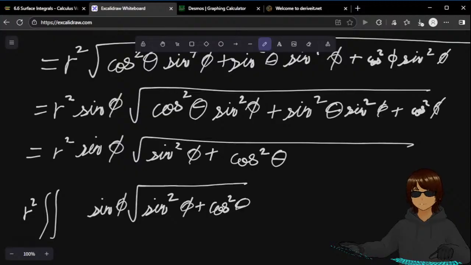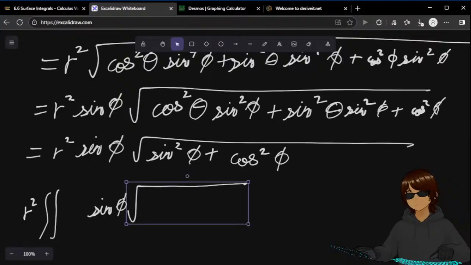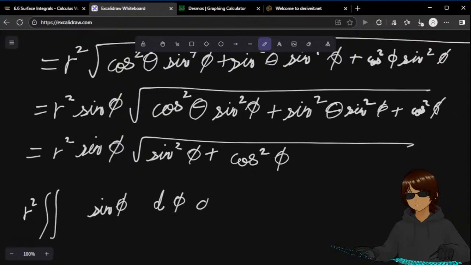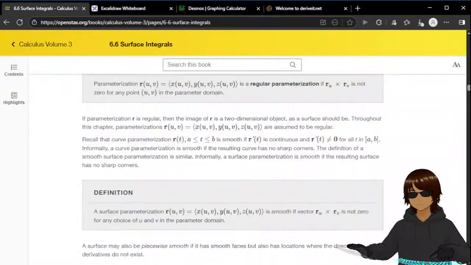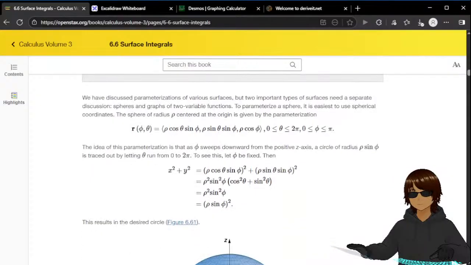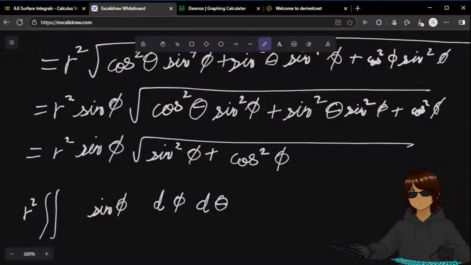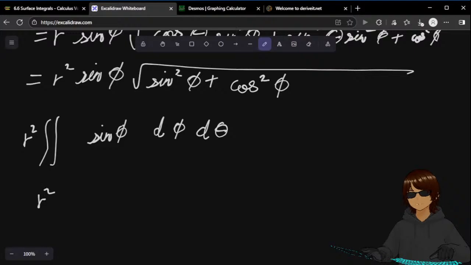So I was on the right track. And this is 1, right? d phi d theta. Phi goes from 0 to pi, let's integrate that first.